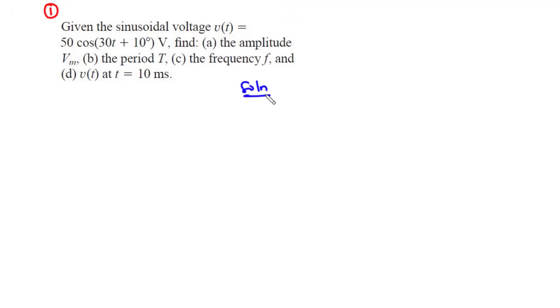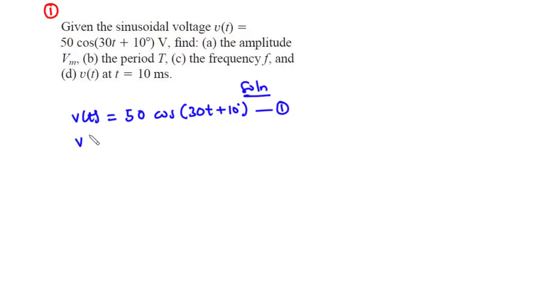So let's consider the sinusoidal voltage V of t in the question to be equation 1. So we have v of t equals 50 cos into bracket 30t plus 10 degrees. Let's call this equation 1.